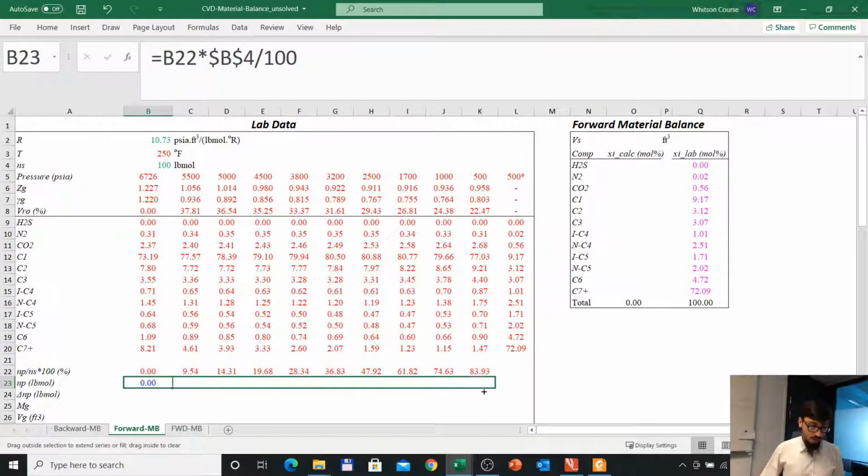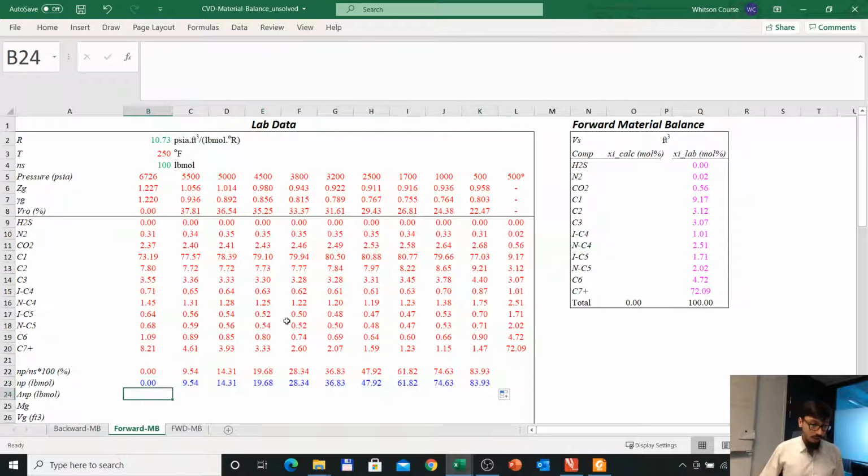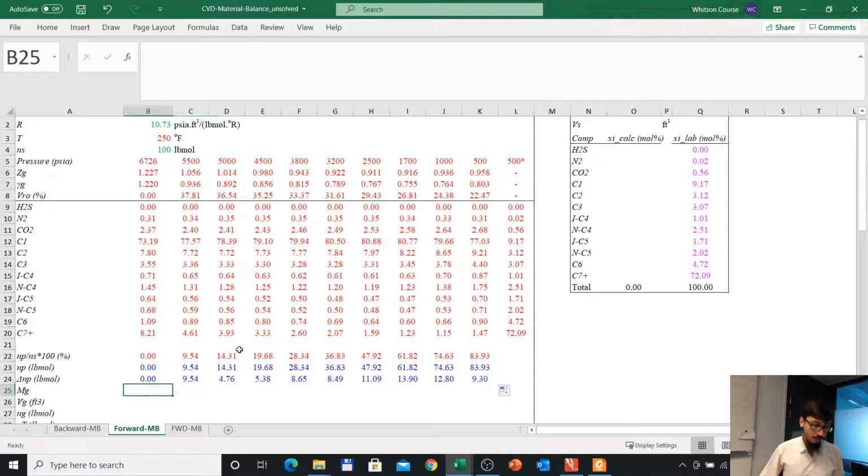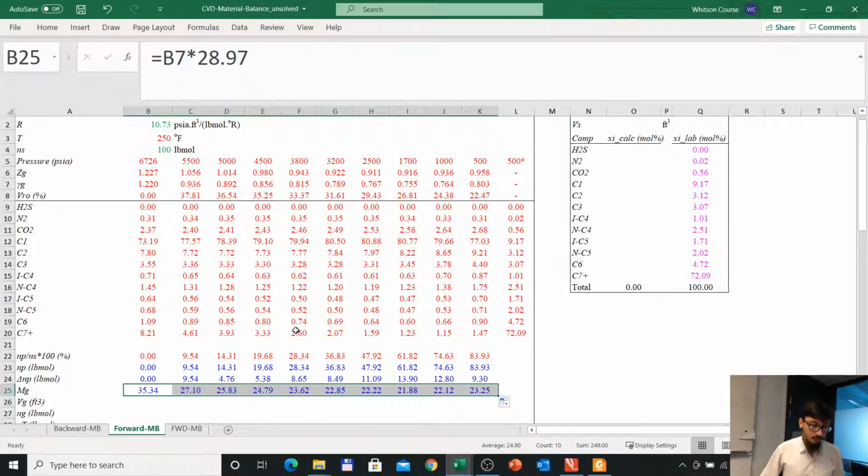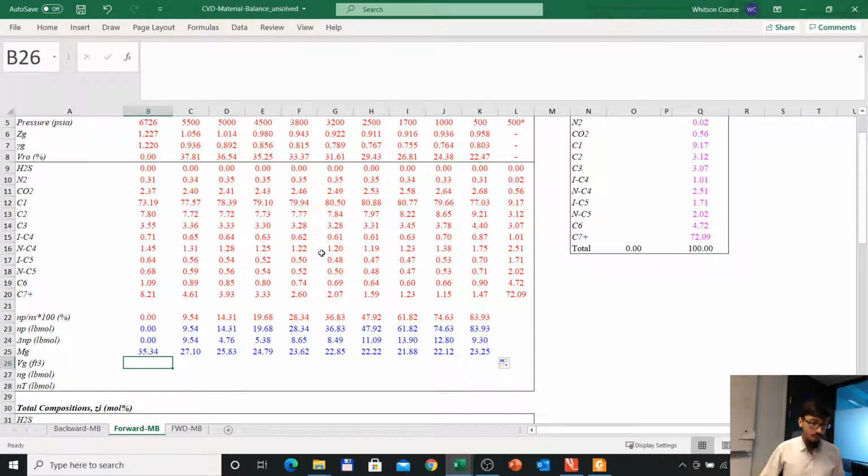So just drag this down here, and then in delta NP, the first one is 0, and because these are incremental moles produced, it is this minus the previous one. Then we need to calculate the average gas molecular weight, the gas gravity times 28.97, the air molecular weight. So again, dragging it down, and now we need to know the gas volume at each pressure stage.